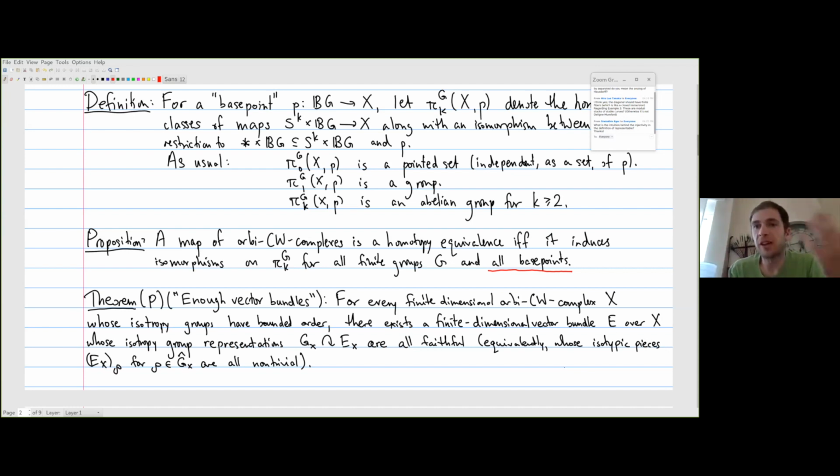So the fibers of a vector bundle are representations of the isotropy groups of the points of your Orbispace. And so you have all of representation theory potentially appearing when you study vector bundles over Orbispaces.